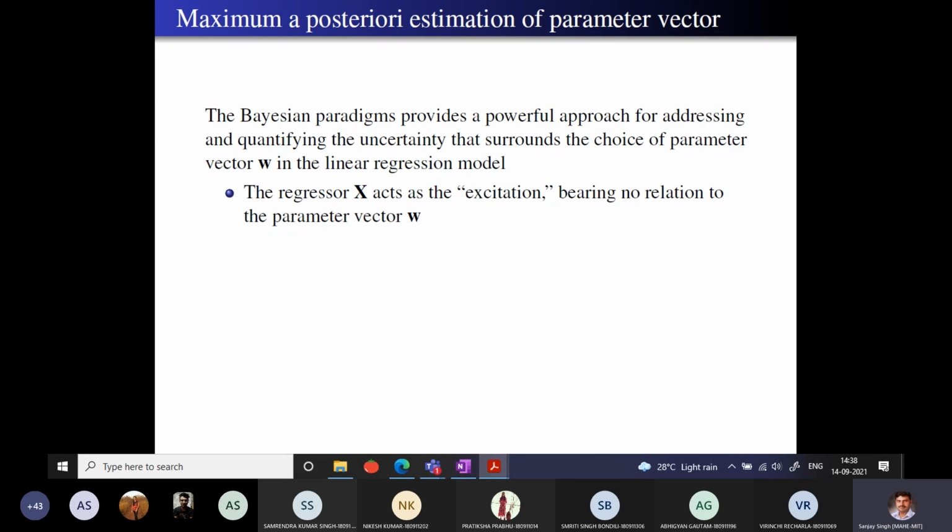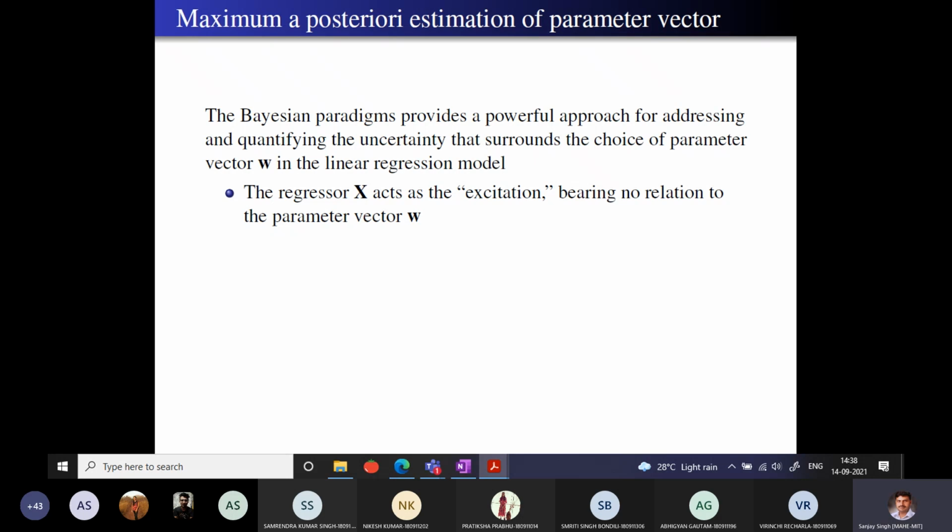We'll try to understand, compare and contrast the two, MLE and MAP, which one is better under what situation and which is more accurate. So the Bayesian paradigm provides a powerful approach for addressing and quantifying the uncertainty that surrounds the choice of a parameter like W in the linear regression model or anywhere else.